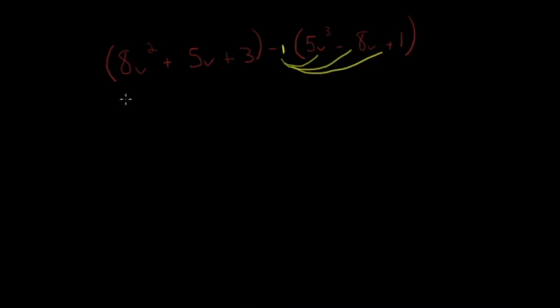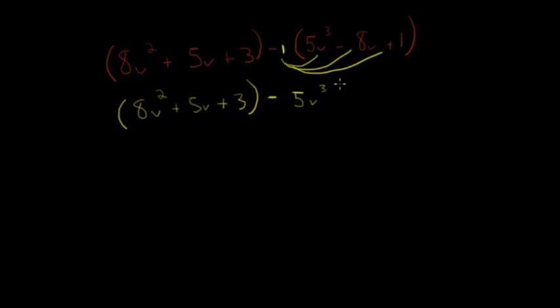Let's rewrite: 8v squared plus 5v plus 3, and this is the same as distributing. So what's -1 times 5v cubed? Well, that's just minus 5v cubed.